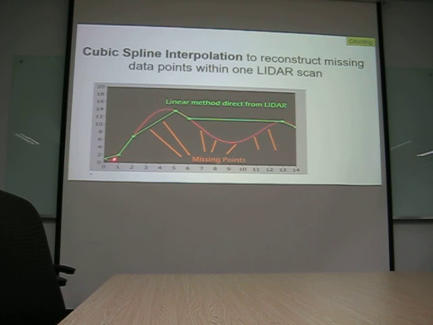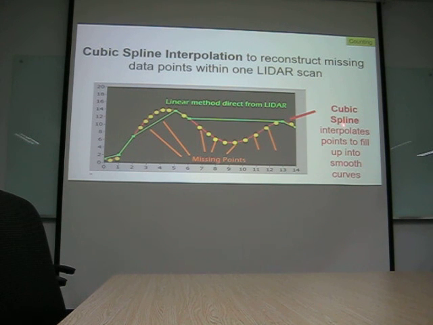So what we do is you have the LiDAR picking up this point, this point, this point. In reality, let's say it's a red curve. How do you recover from this? We do an interpolation, cubic spline. Cubic spline interpolation lets us synthesize back all the points. It's a known technique in numerical methods.